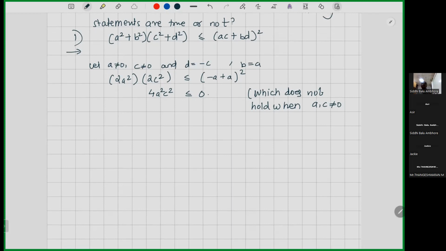So if A and C are non-zero, then this is strictly positive. But some positive number being less than or equal to zero is not true. Okay.